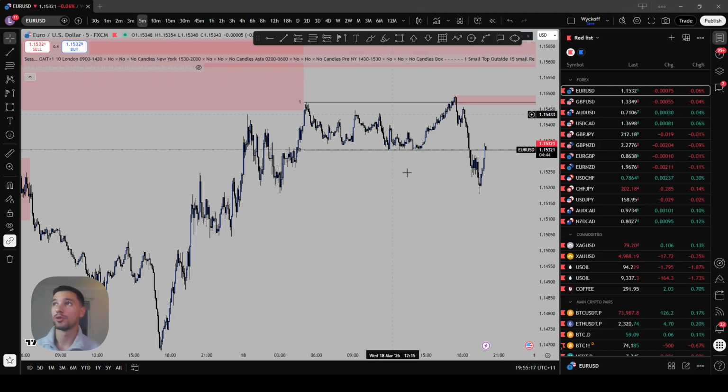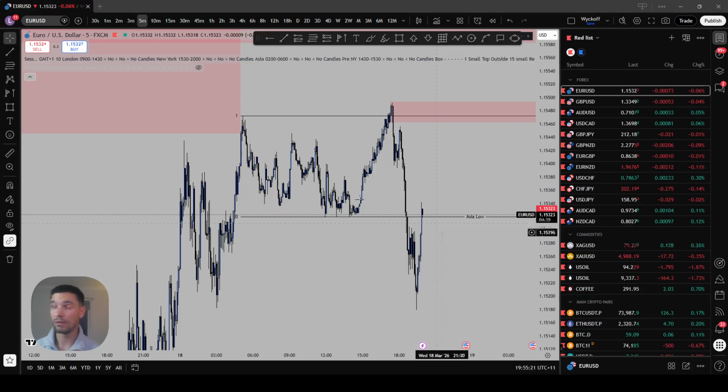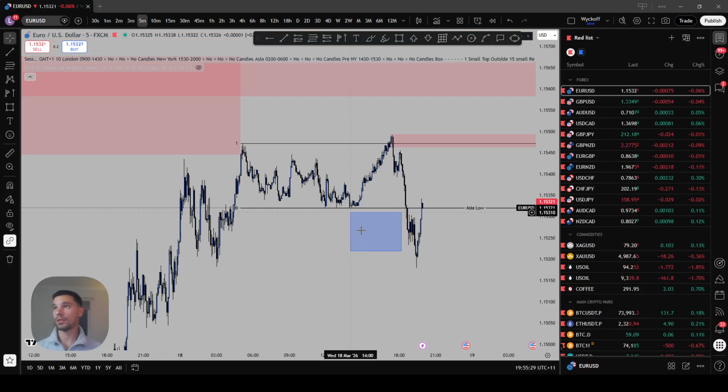Had this potential scalp chart up earlier as well, which got invalidated pretty quickly, as you can see. Took out Asia highs and we ran through Asia lows. So this can go.